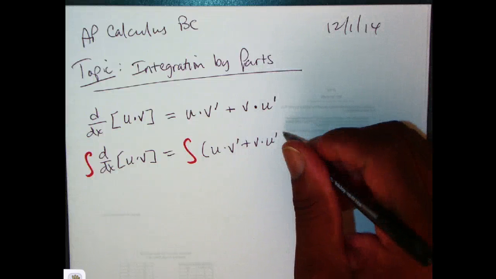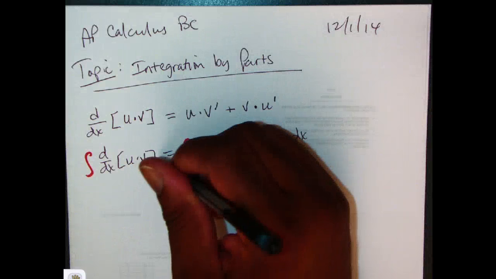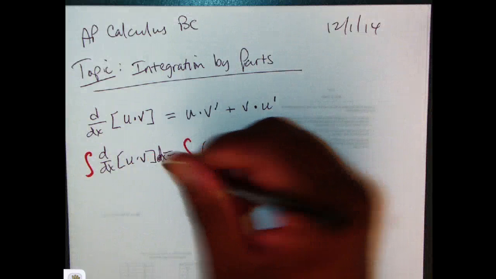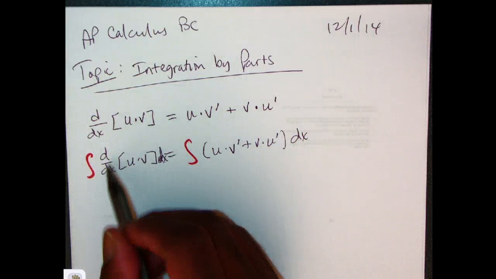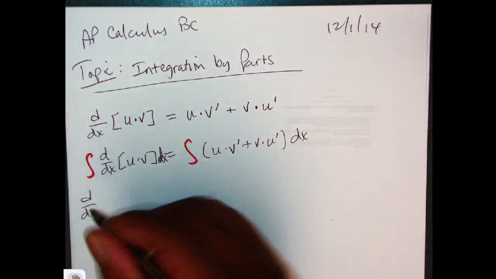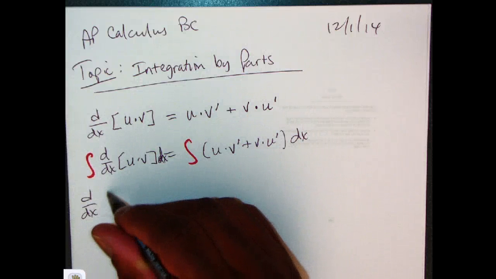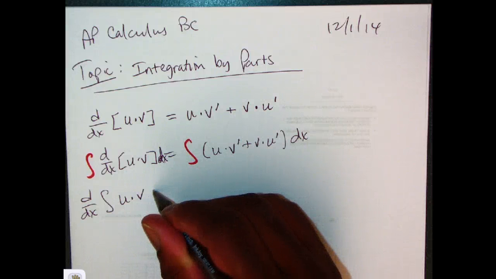And then we are taking the derivative, both of these, with respect to x. So dx here, and we'll go ahead and place a dx there. Okay. So we can pull this d dx outside. So that's d dx times the integral of u times v dx.